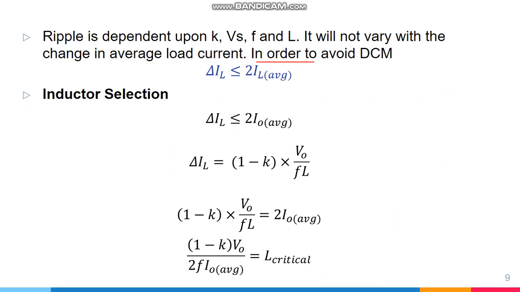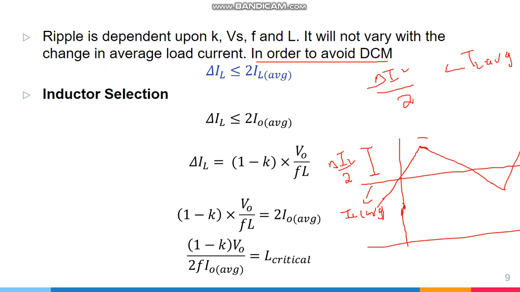In order to avoid the discontinuous conduction mode, the ripple in the inductor should be less than or equal to twice the average value of the current through the inductor. Or alternatively, we can say that delta IL by 2 should be less than IL average.